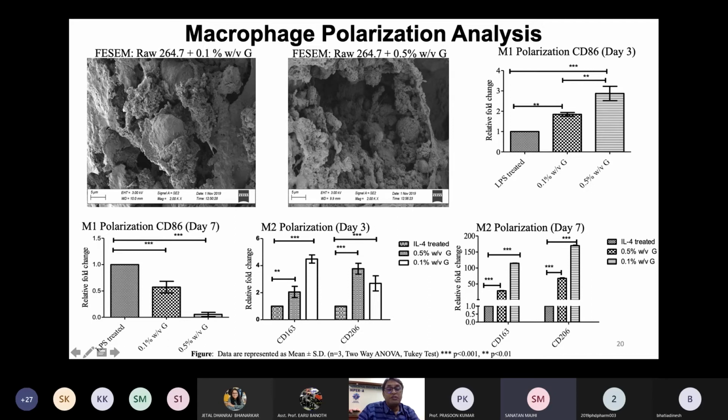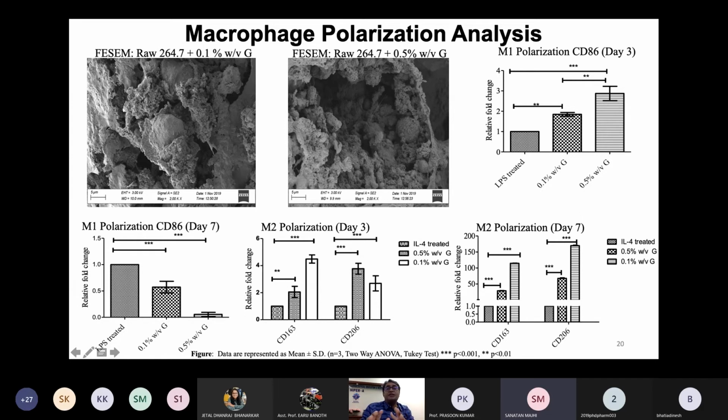And for the M2 polarization, with both the markers we have taken, CD163 and CD206, the 0.5% graphene is actually increased towards the M2 phenotype at day 3, and the level is further increased at day 7 as well.